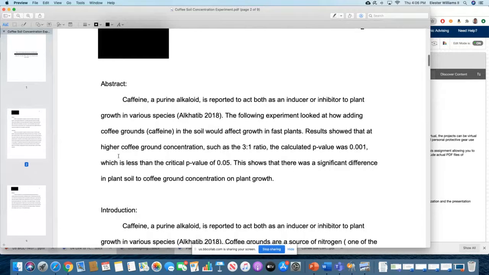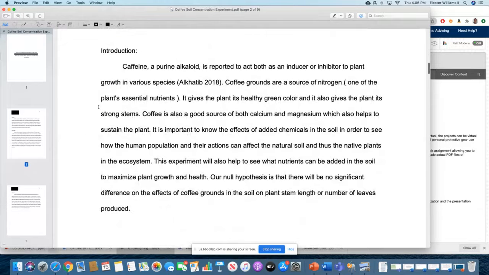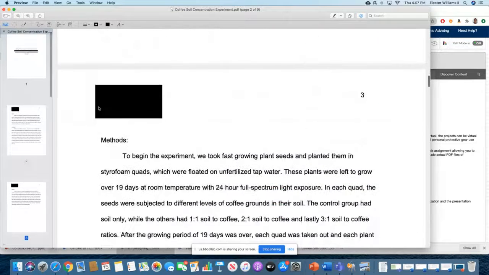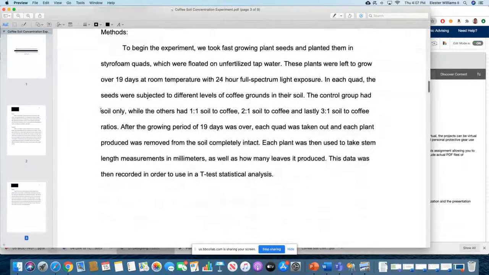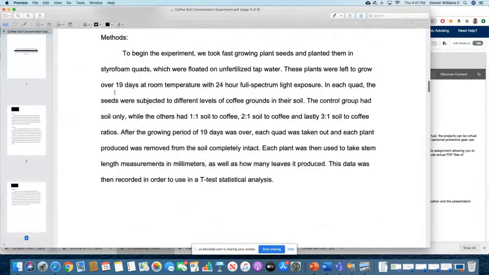So again, make sure you're conveying what you actually did thoroughly in your abstract, so that the person reading has a pretty good summary of your entire experiment. And so here they go into background information, their methods on how they're going to design their experiment.